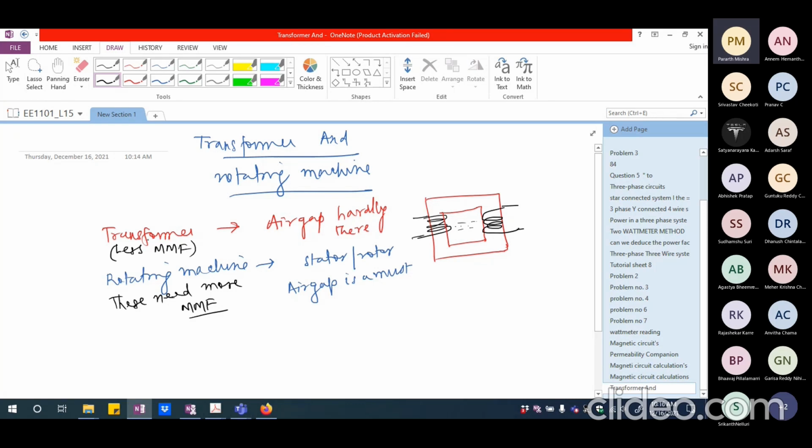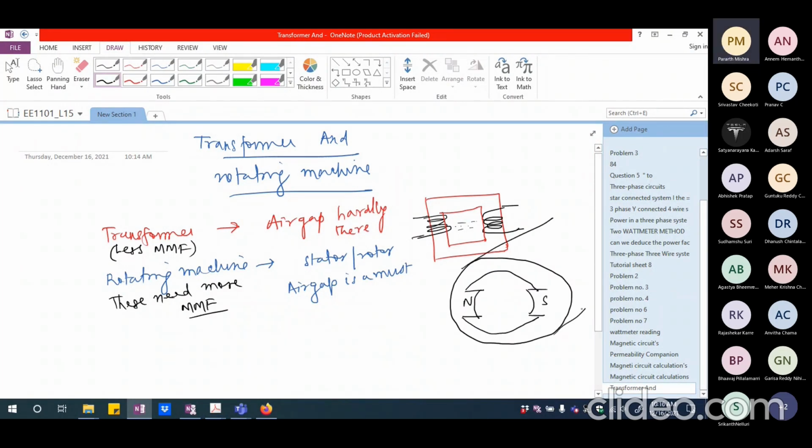Invariably you will see that for a rotating machine, I am going to have probably a north pole here and a south pole here, and let me complete the stator arrangement. So this is going to be the complete stator arrangement. We are seeing the cross section of the stator, which is a circular cross section.